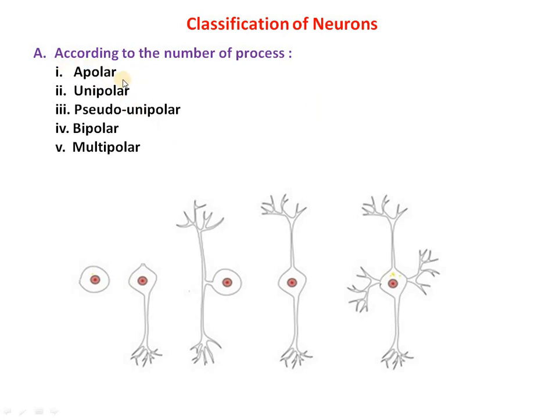On the basis of the presence of dendrons and dendrites, they are classified into 5 types: number 1 apolar, number 2 unipolar, number 3 pseudo-unipolar, number 4 bipolar, and number 5 multipolar.